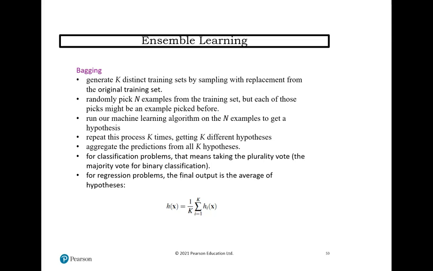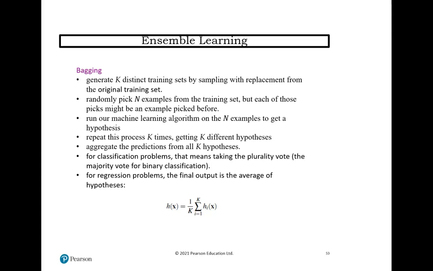Now I'm going to aggregate the predictions from all these hypotheses together. So for example, if we're doing regression, then I can get a prediction from all of them and just take the average to say, okay, this is my best outcome. So 1 over k, the sum over i from 1 to k, of the prediction of all the hypotheses h_i I trained.